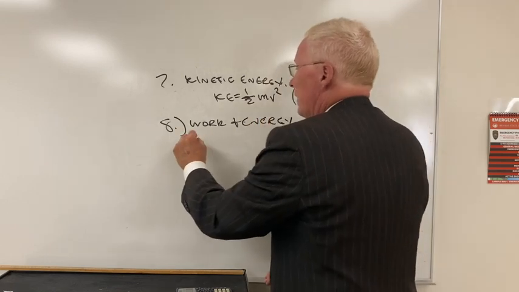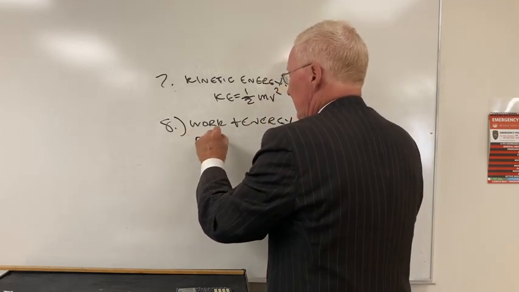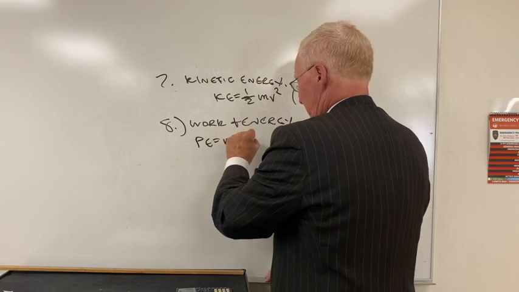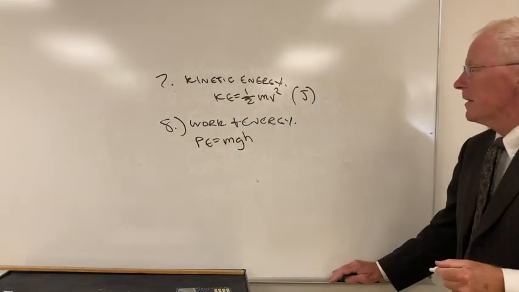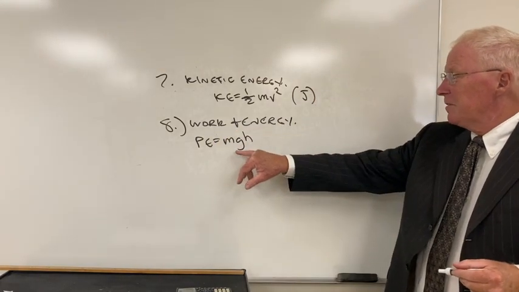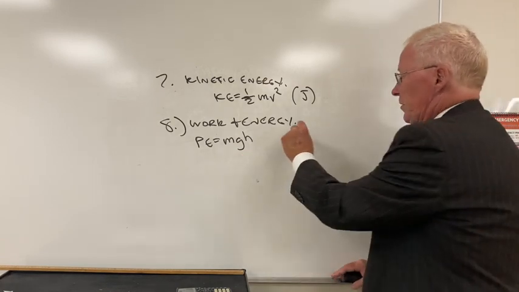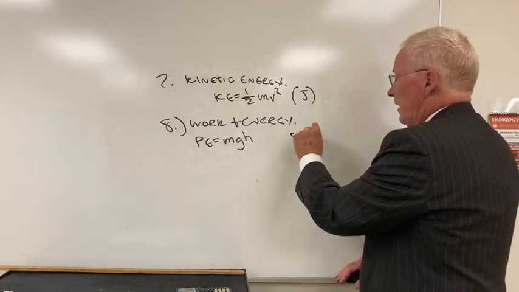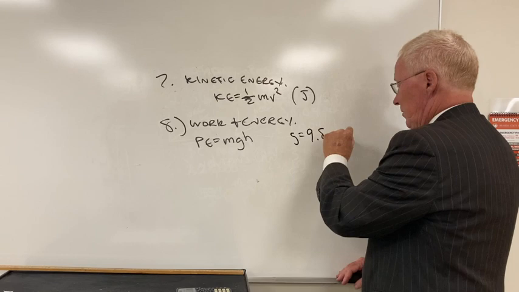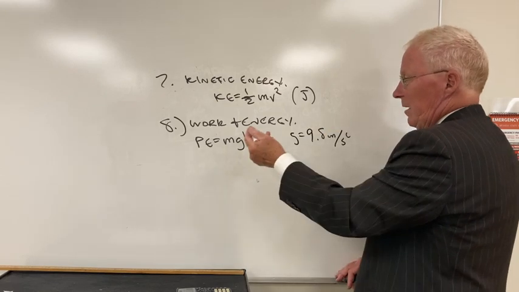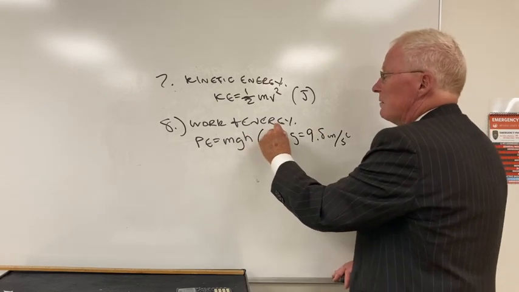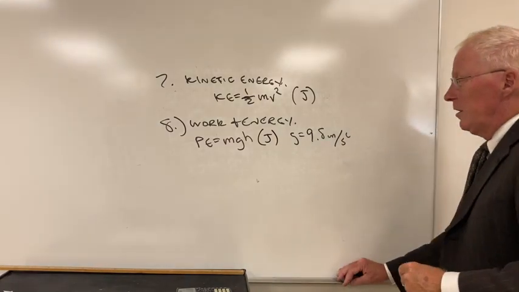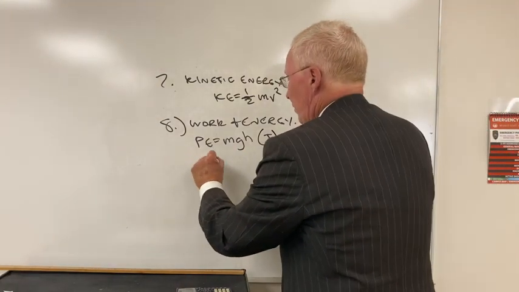So we have potential energy is mgh, where m is the mass, g is the acceleration of gravity, which is 9.8 meters per second squared, and h is the height the object is raised. This is in joules, and that's what we call work.